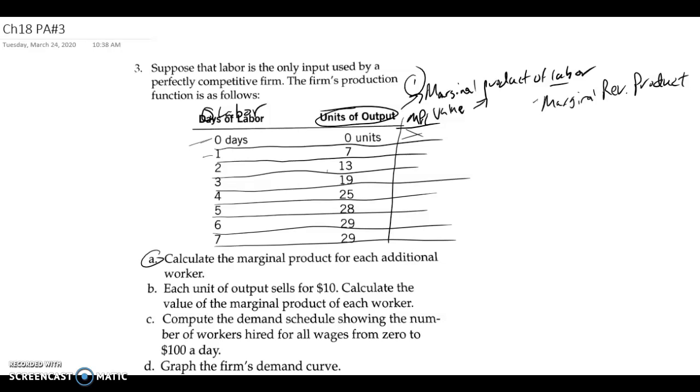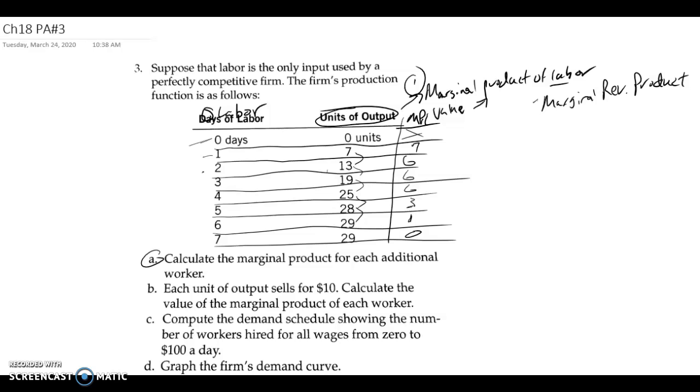If I add in the first worker, how much did my output go up by? It went up by 7. If I add in the second worker, it went from 7 to 13. So that worker created an additional 6 units of output, an additional 6, an additional 6, then an additional 3 units of output, 1 additional unit of output, and then 0 units of output.